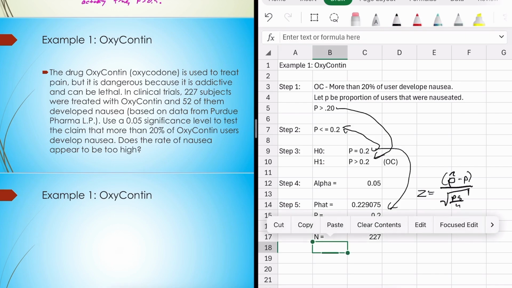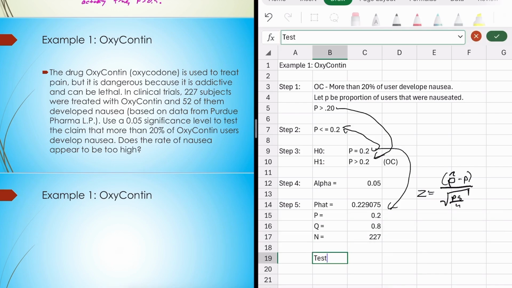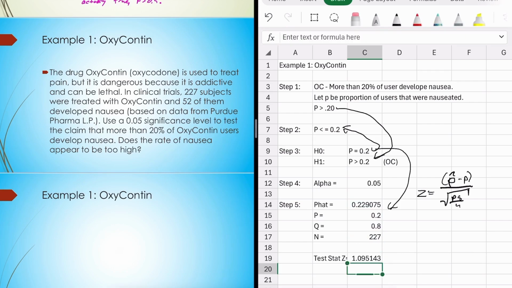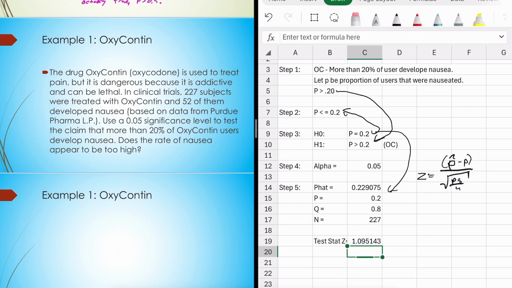Now my test statistic, Z equals parenthesis P hat minus P, close parenthesis, divided by square root of P times Q divided by N. Enter. 1.095. That's my test statistic.